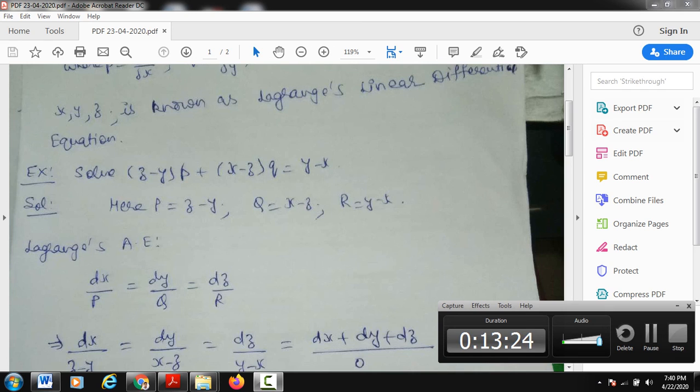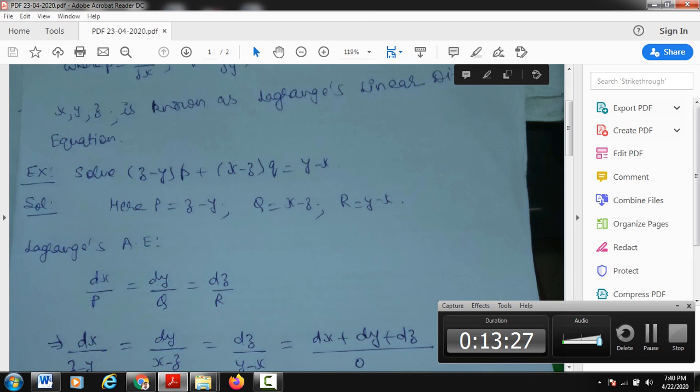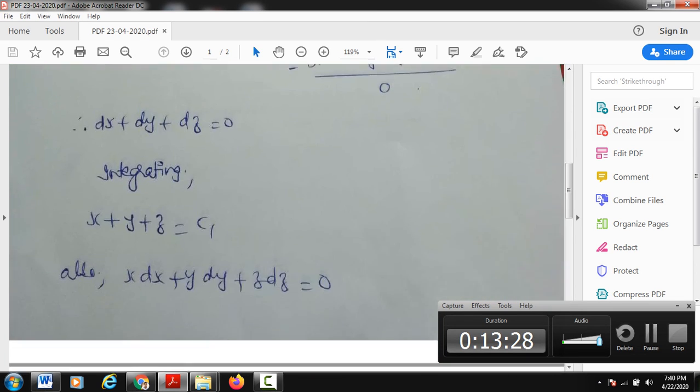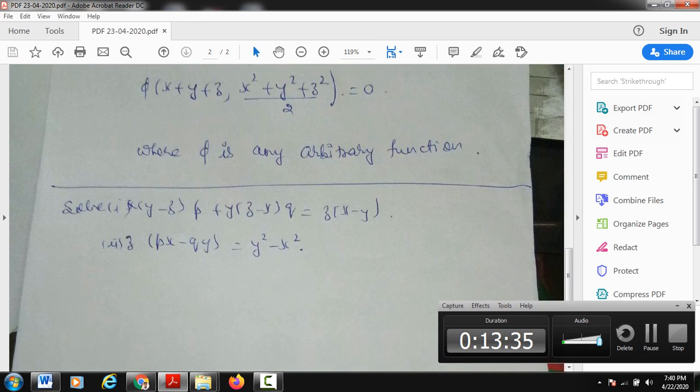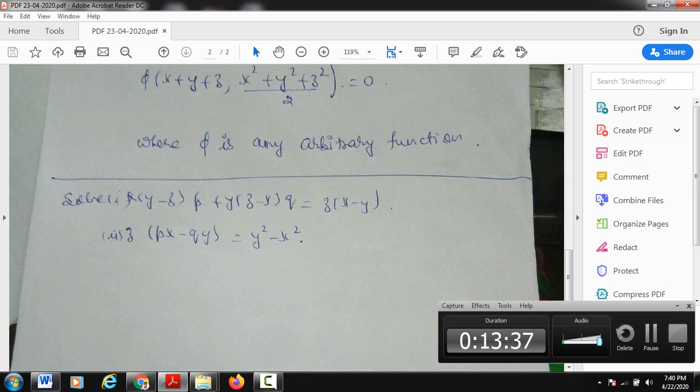After that, students, here is a numerical for you, which you can easily see. Please use pen and paper to solve this. I am giving you two questions for practice. Solve (y minus z) p plus (z minus x) y q is equal to z x minus y.